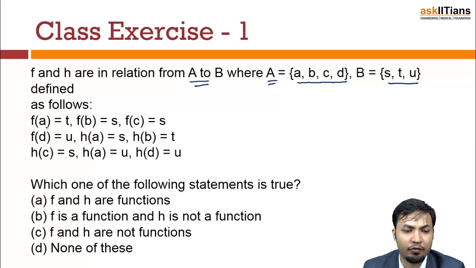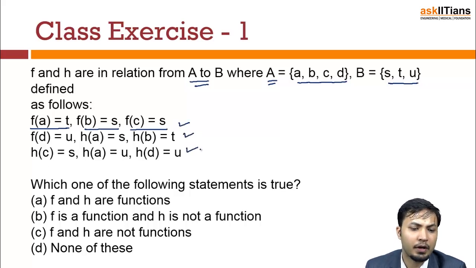My f(a) is equal to t, f(b) is equal to s, f(c) is equal to s. Like this, I have defined the functions. Based on all this information, I am being asked which one of the following statements is true: f and h are functions, f is a function and h is not a function, f and h are not functions, none of these.